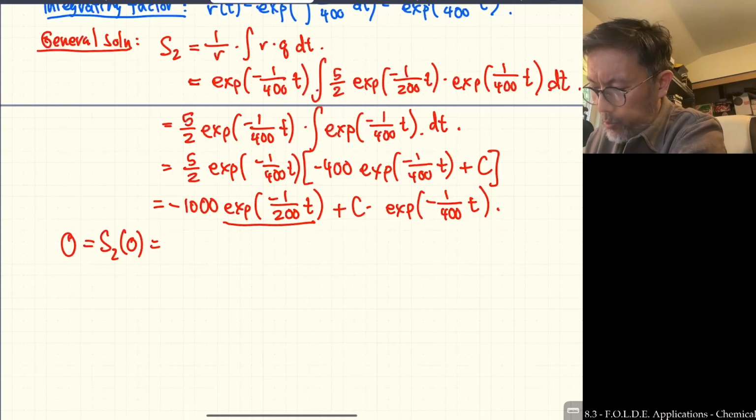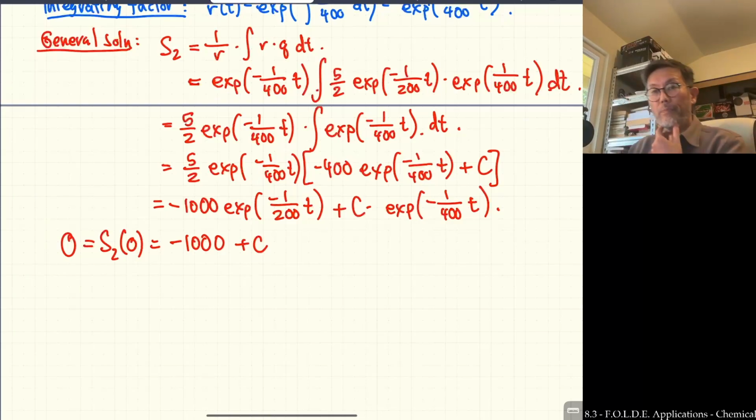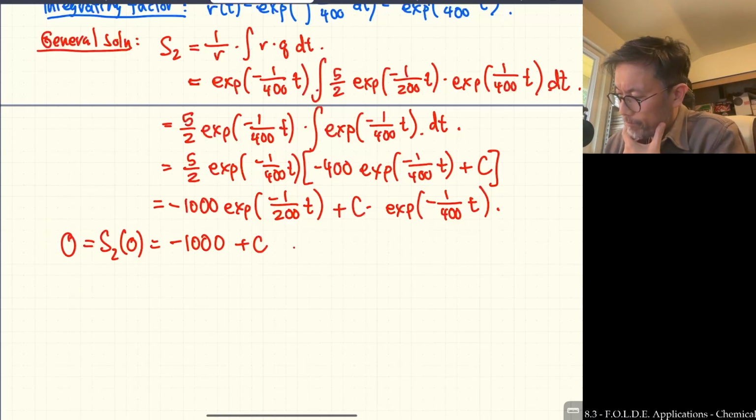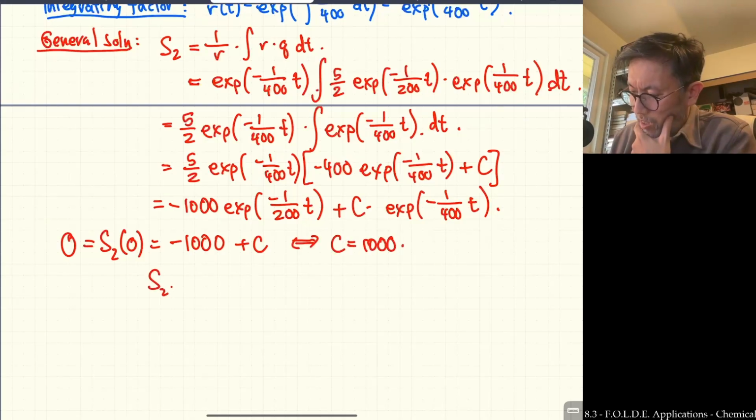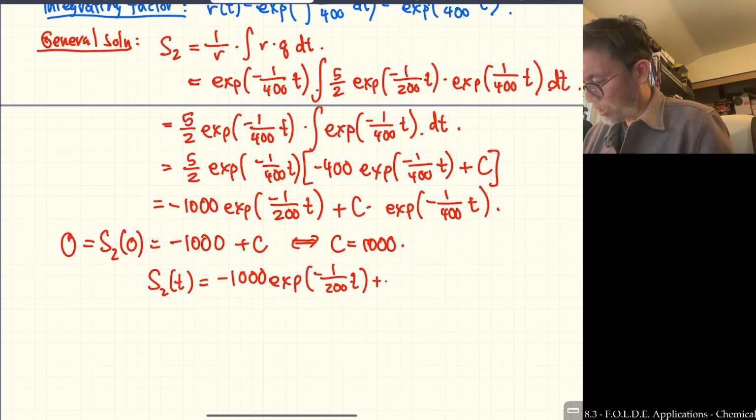So what we end up with is negative 1,000 plus C. And so C evidently is 1,000. So in the end, we know that S2 of t is equal to negative 1,000 times exp of negative 1 over 200 t plus 1,000 times exp of negative 1 over 400 t.